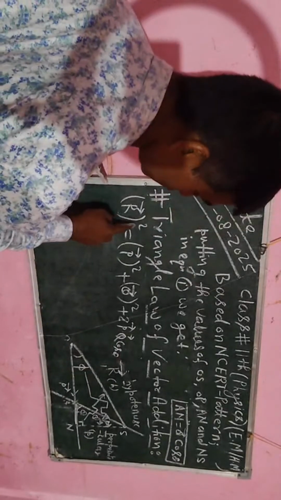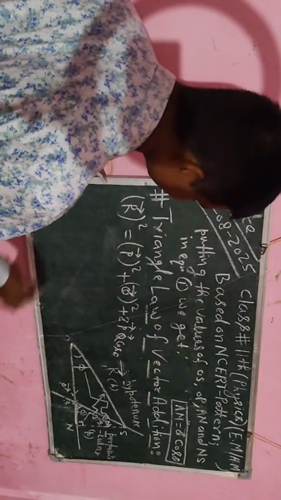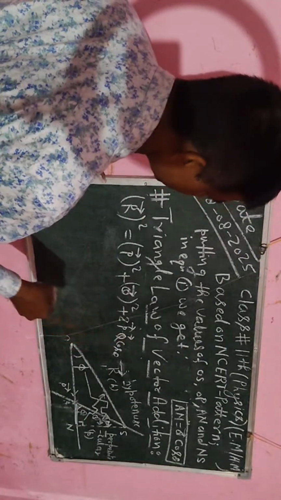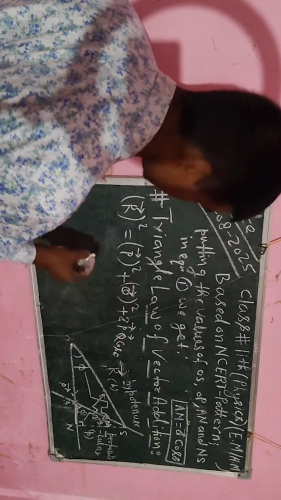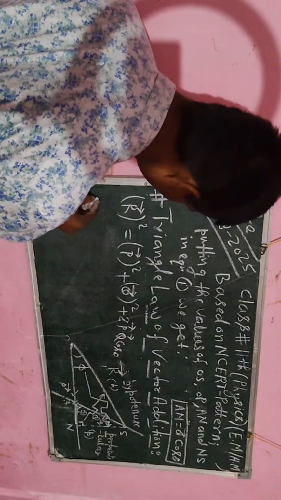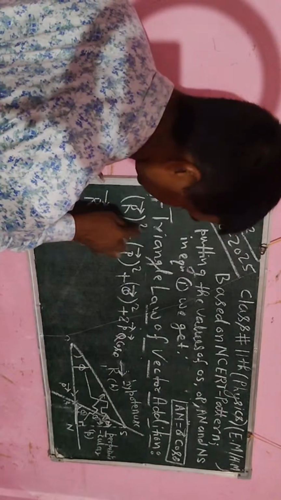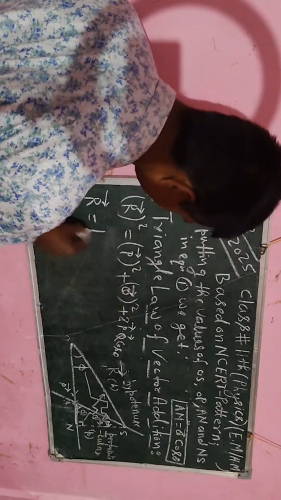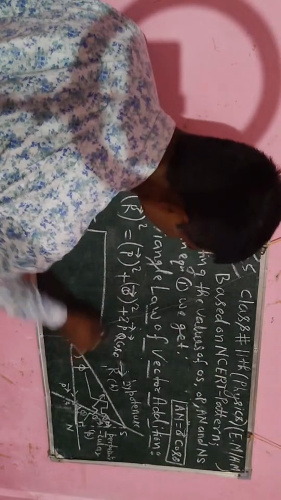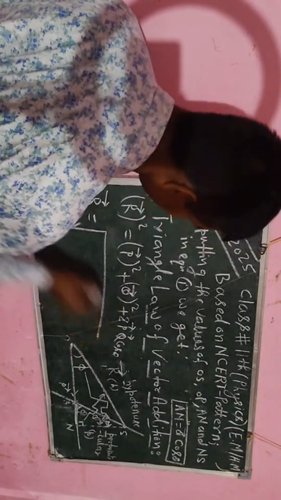Now here square is available, it will go to the right hand side, it will be 1/2, and 1/2 is written as a root. So square root, that square root I will use. So I will write square root, and I will write all terms which are available on the right hand side.